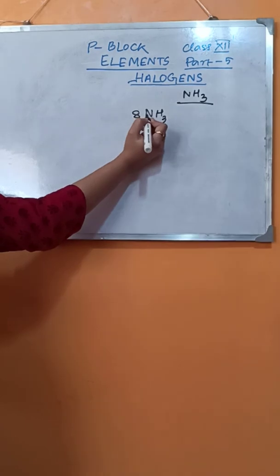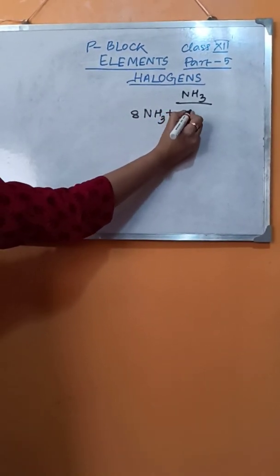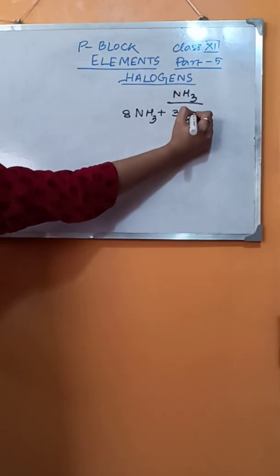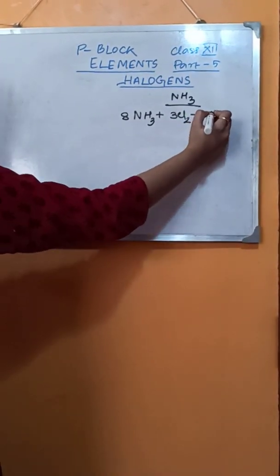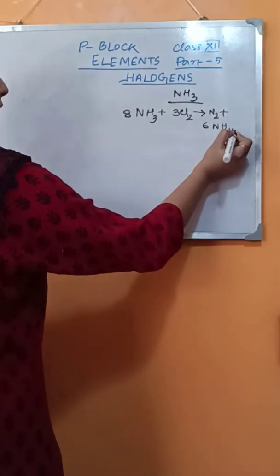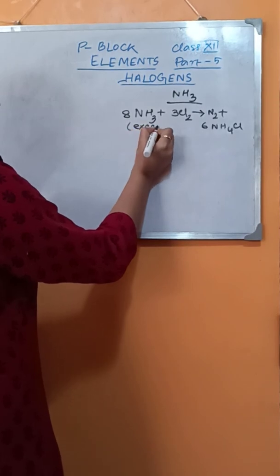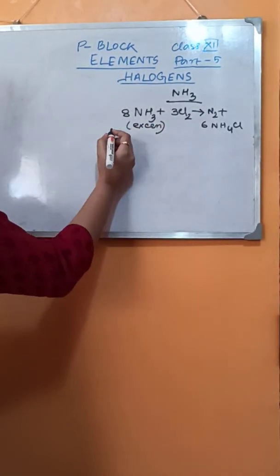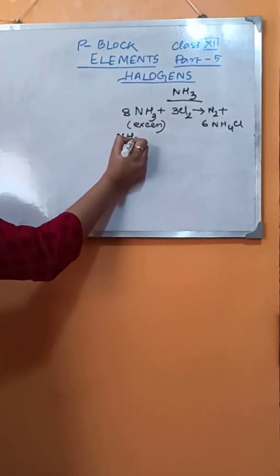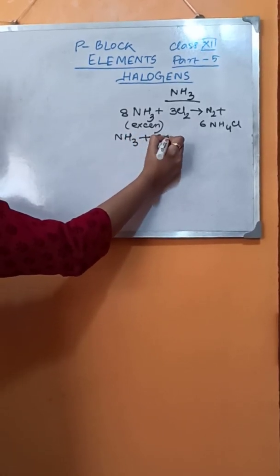When ammonia reacts in excess, here ammonia is given in excess, and in the other case chlorine is given in excess.